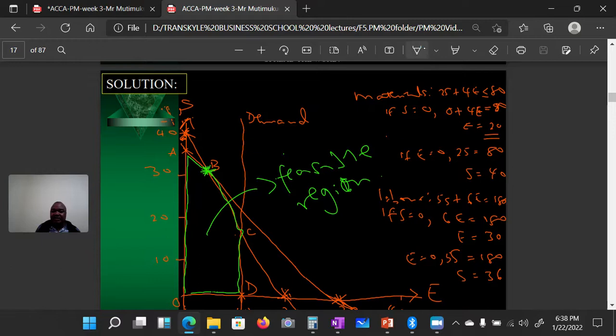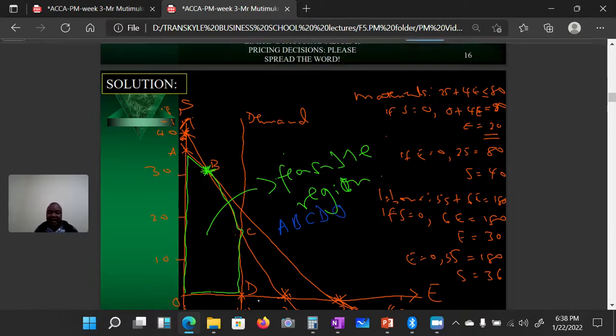We also pointed out that at point B, that's where we have the optimum contribution. This whole region, the region A, B, C, D, and O, is what we referred to as the feasible region.